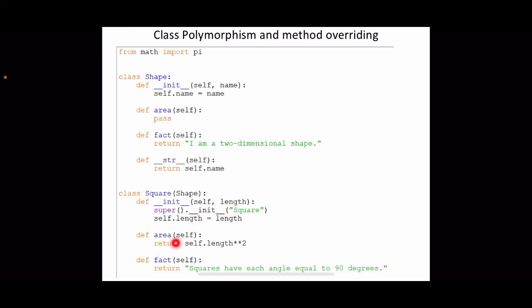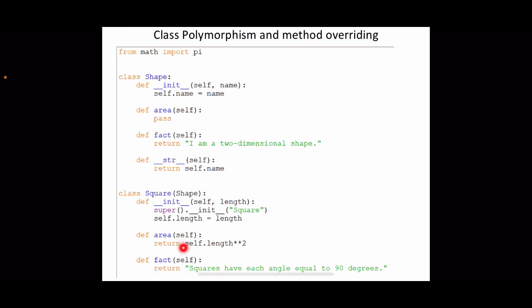And for area, you can see that inside the shape we have a function or method called area, right? We are not defining anything here, simply passing. But here we are returning self.length squared. So redefining the area which was in the parent class is done here.